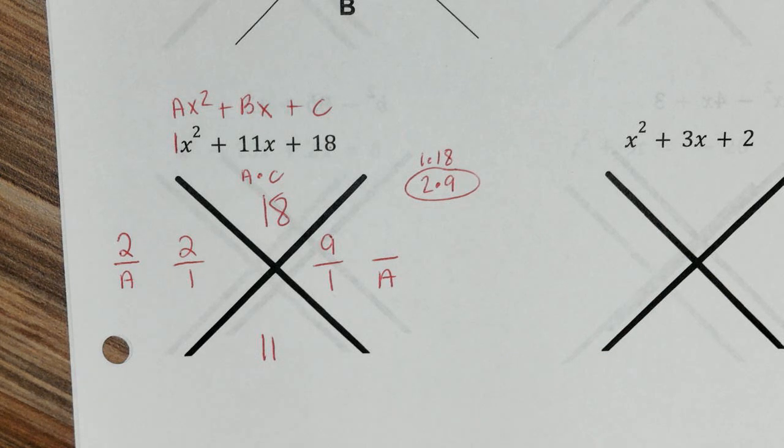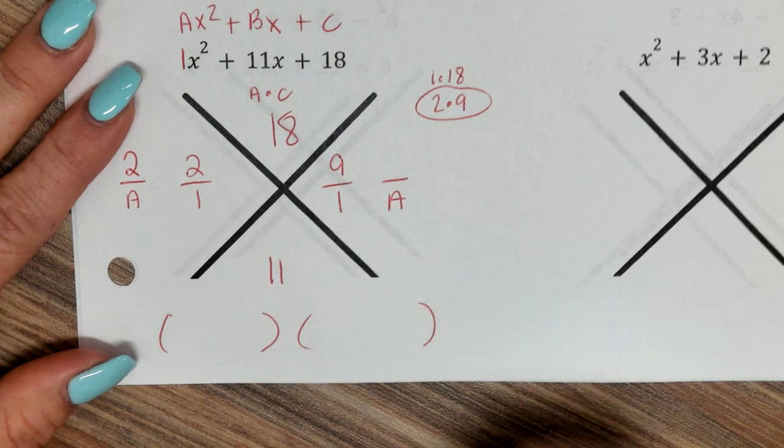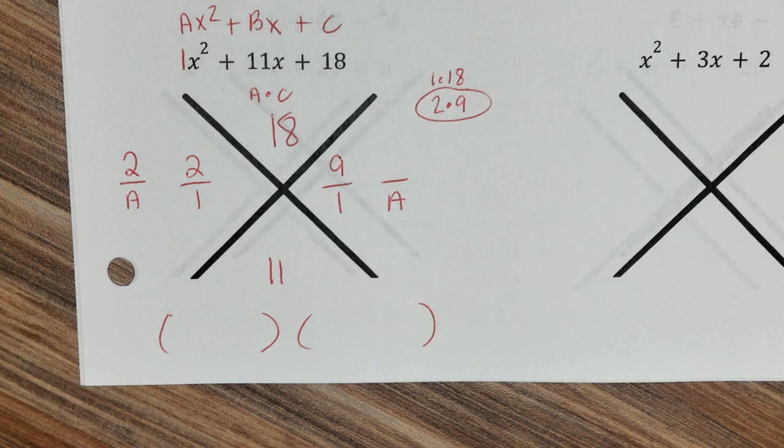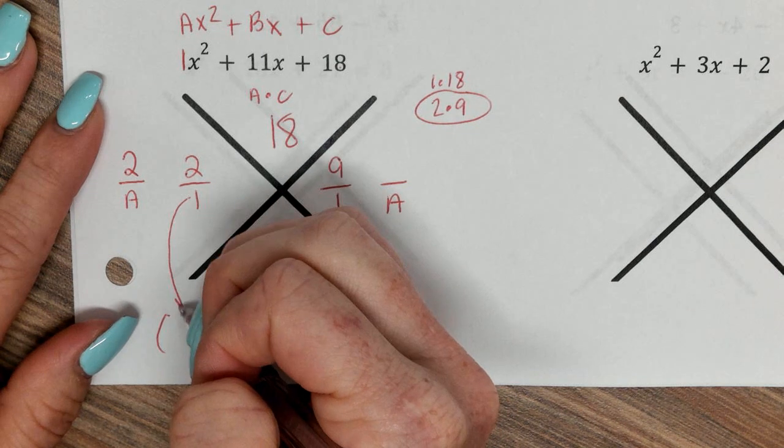Now all you have to do is organize it. So your final answer is going to be parentheses, like x plus something, x plus something. And the way that you're going to remember this is bottoms up, okay? The bottom number is going to go with the x right here.